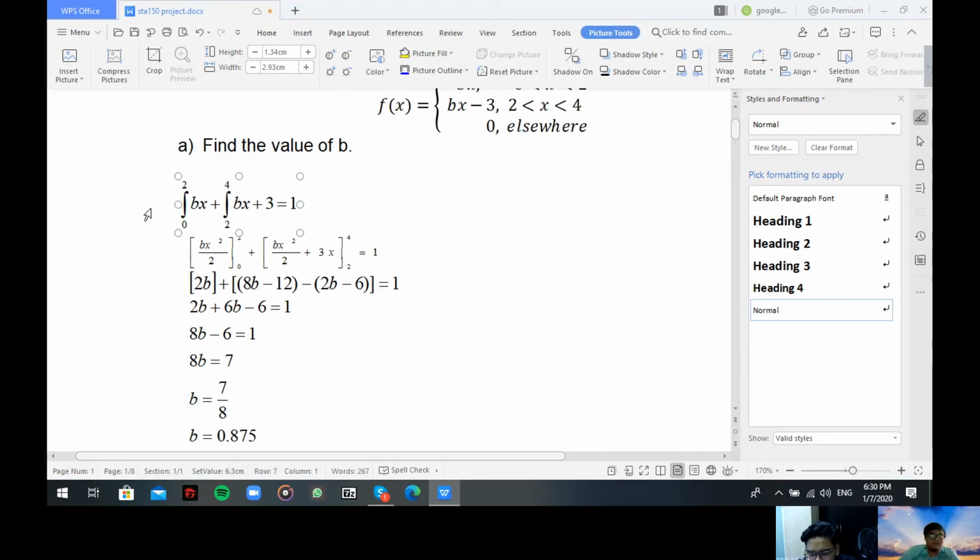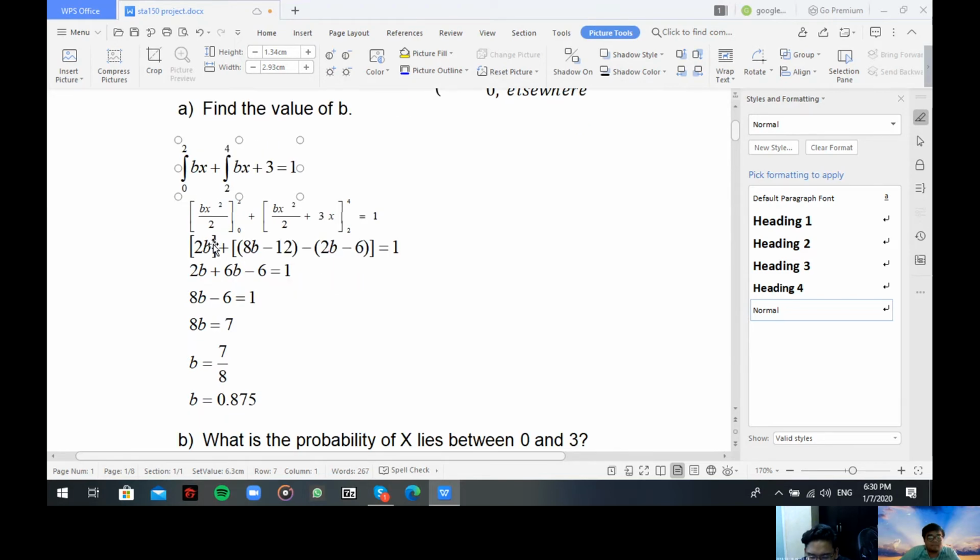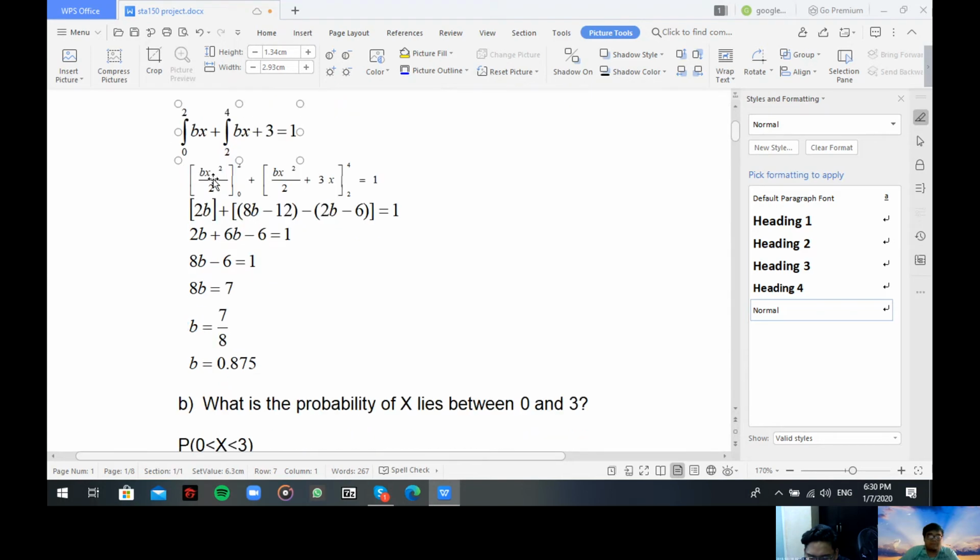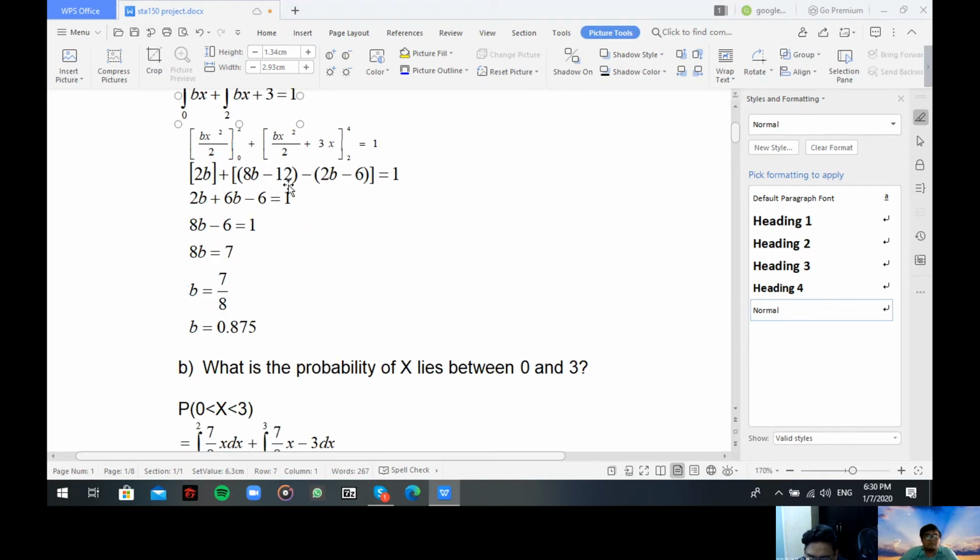After you integrate, you will get bx squared over 2 and so on, and you need to add them. After that, you will get 8b equals to 7.